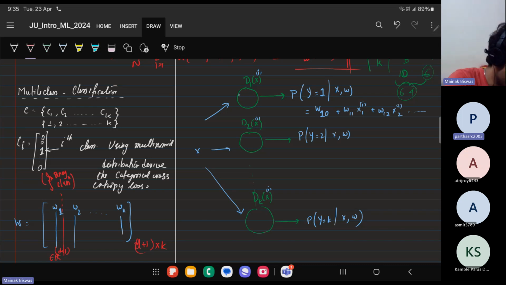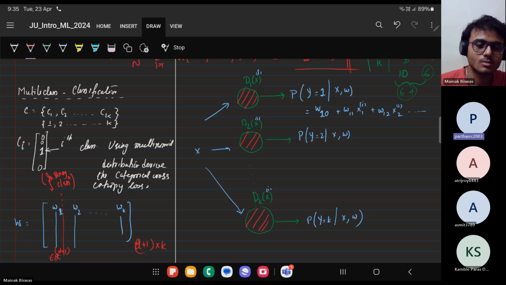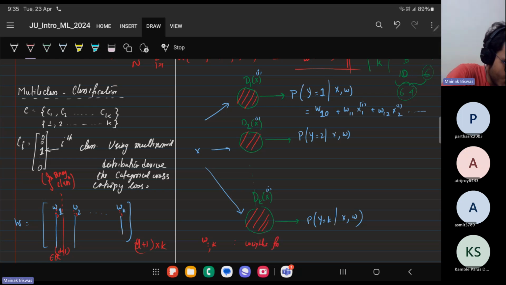I want to do it for each of these nodes, because it is the W for D1 basically. W colon comma k, putting a colon at the beginning so that it's all the rows, is the weights for the kth class.